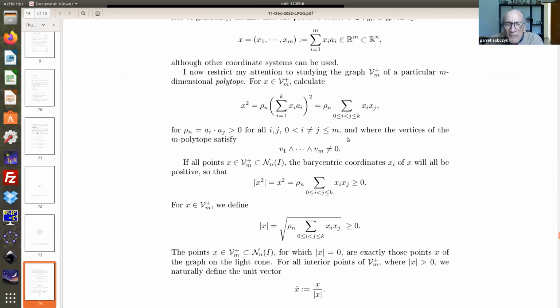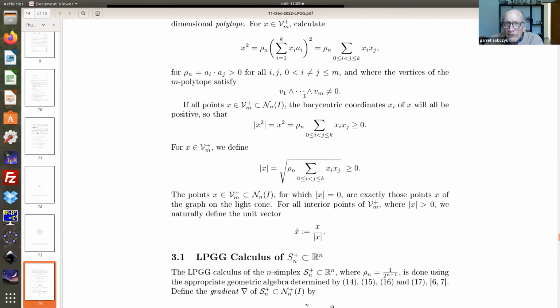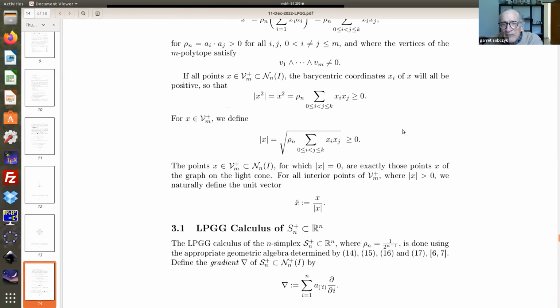Anyway, I assume that A1 up to AM is not equal to 0. Notice that if we're in the first quadrant and using barycentric coordinates, then all the coordinates will be positive. That's very convenient because then I can define the magnitude as rho n times the magnitude of the faces.